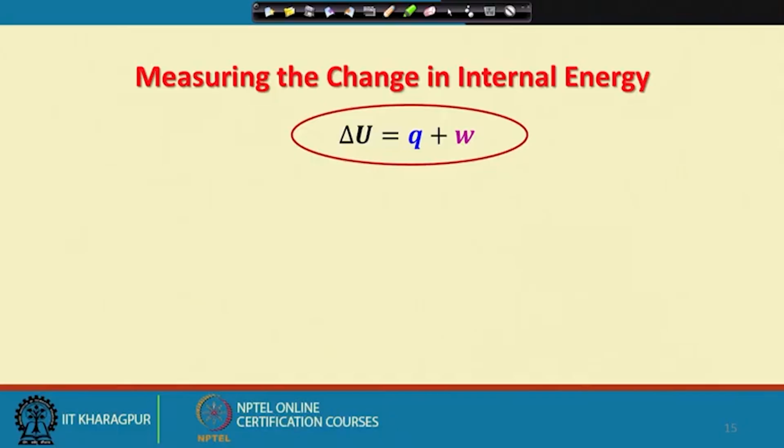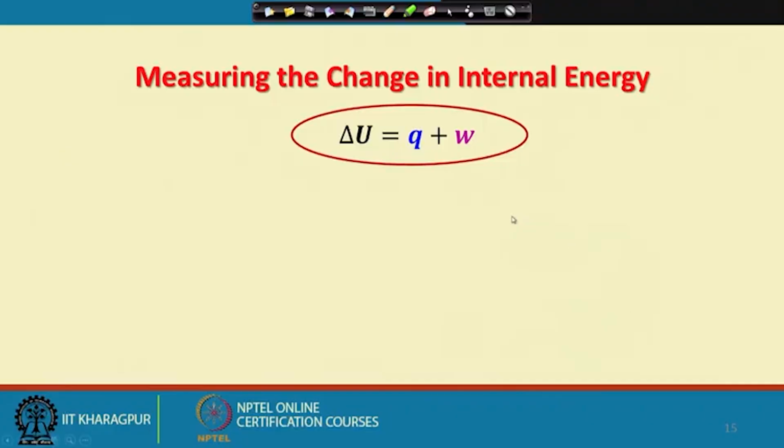It is also understood from the first law of thermodynamics that the absolute magnitude of internal energy cannot be measured. Rather, when we study any thermodynamic process, we are measuring the change in internal energy.